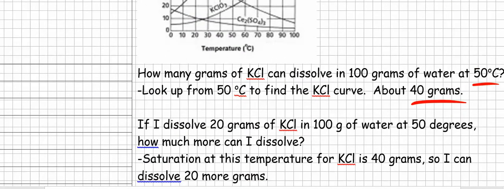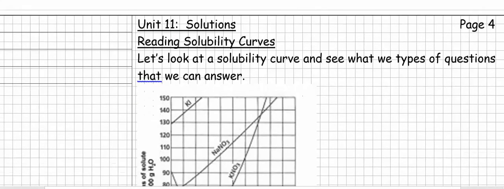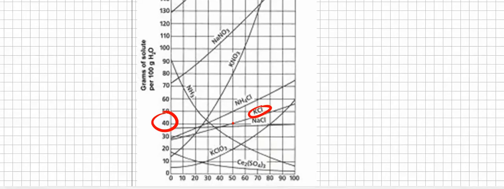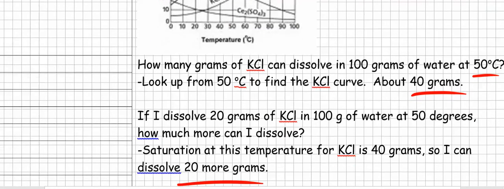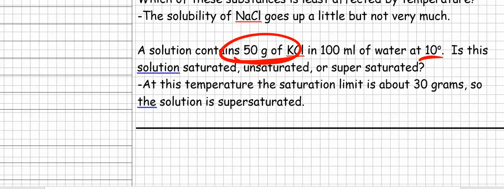So let's find the potassium chloride at 10 degrees and see what it is. So here's the potassium chloride right here. And we said 50 degrees. Sorry, we said 50 degrees. And so here it is right there. We go across, it's 40, right? 40 grams is the maximum amount. So, folks, you know what?